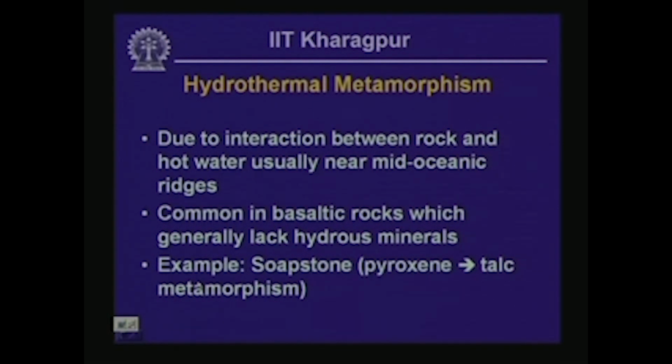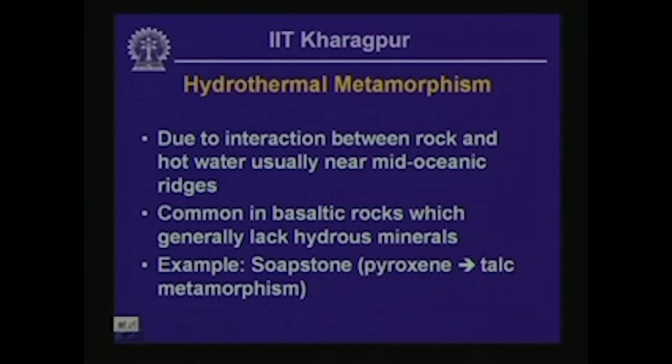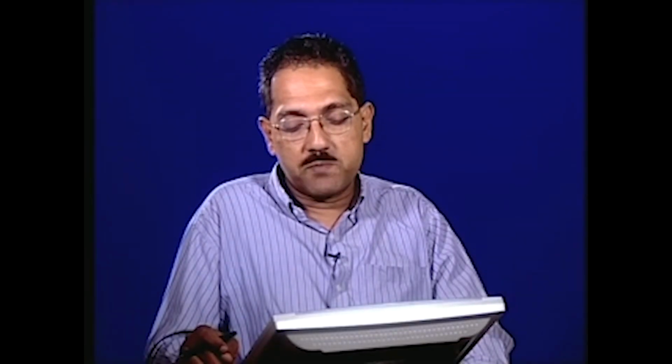Then the next class of metamorphism is hydrothermal metamorphism, and this is really because of the interaction between the rock and hot water, and a very good source of hot water is near mid-oceanic ridges, and those hot waters near hydrothermal vents, they are rich in many different types of minerals that come out from deep underground, and this type of metamorphism is common in case of basaltic rocks which lack hydrous minerals.